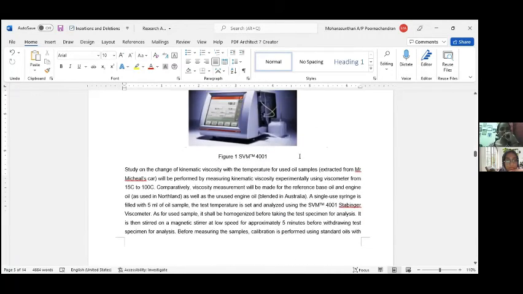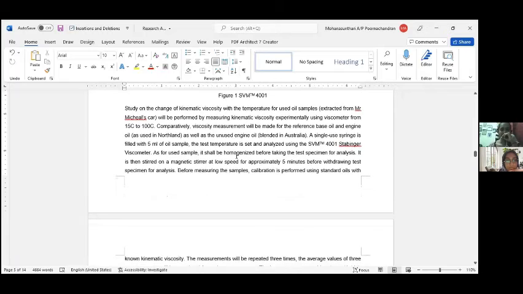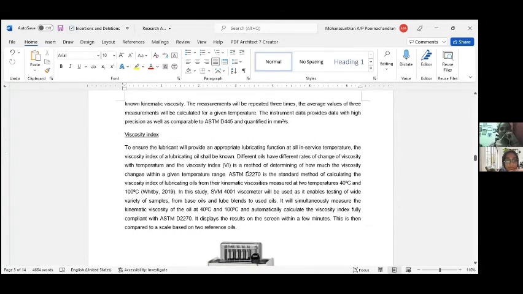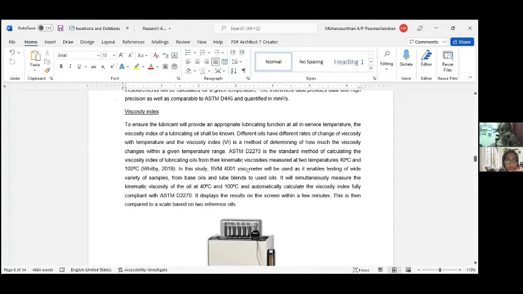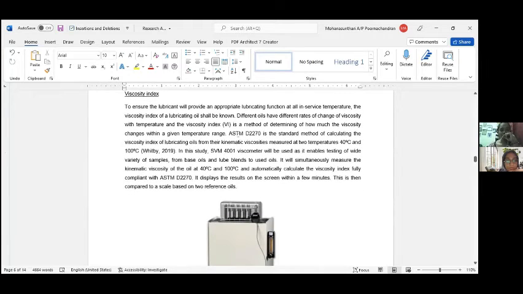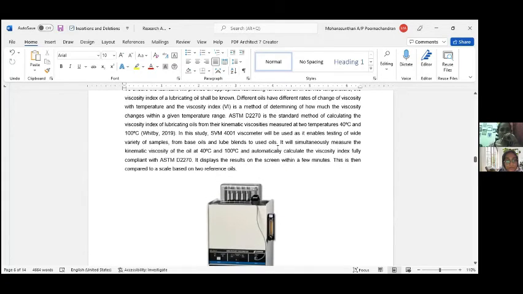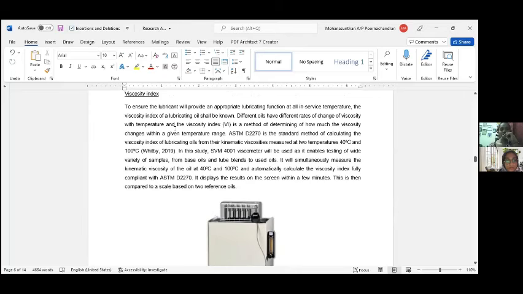Okay. The second thing is the VI, right? So I will explain my part first, then you can explain your gelation tendency part. Yeah. So for the viscosity index, we want to do it because that is the test to really test the relationship between the temperature and the viscosity.